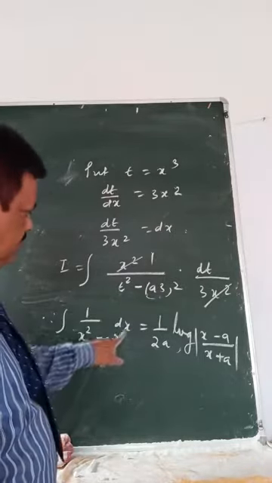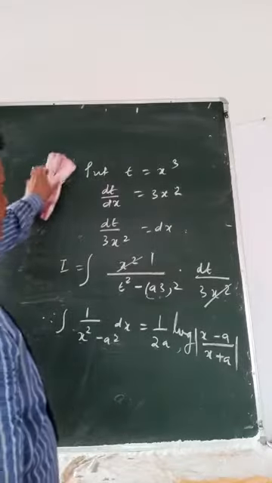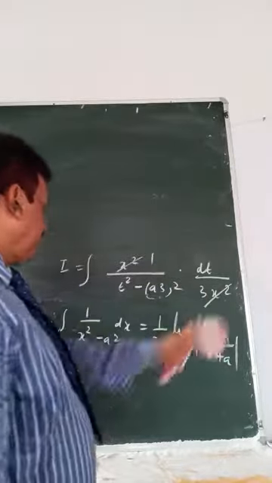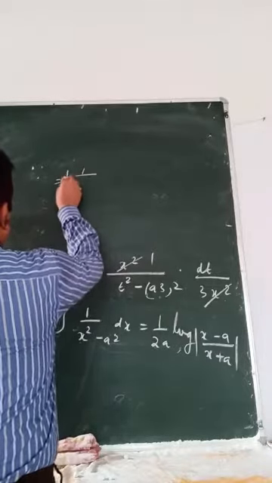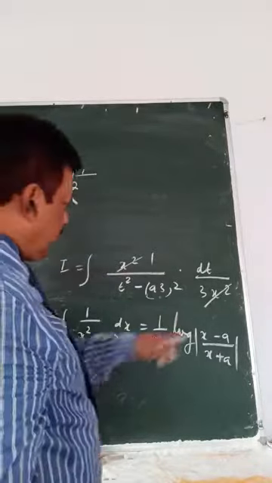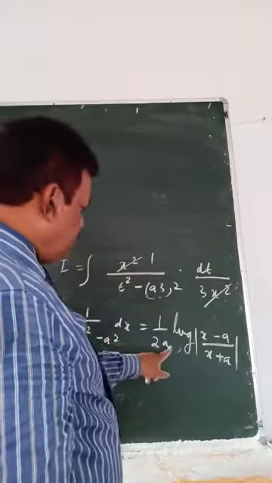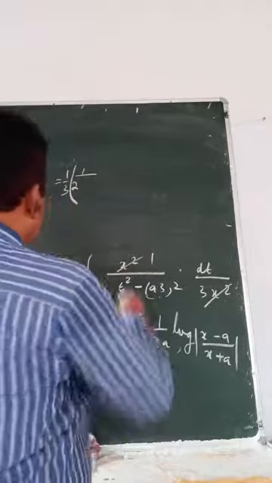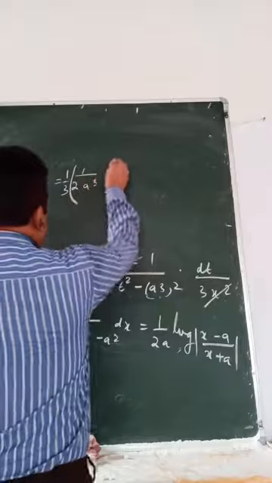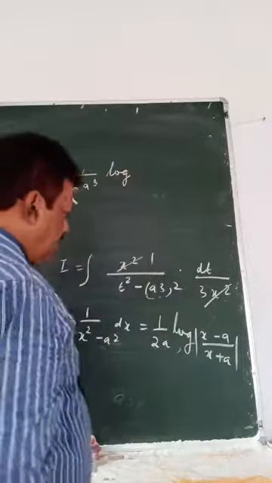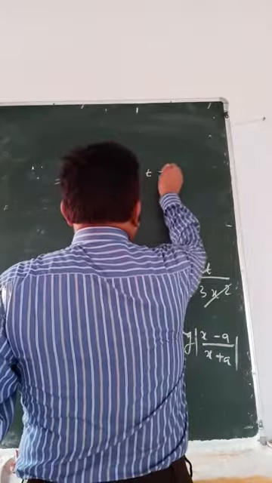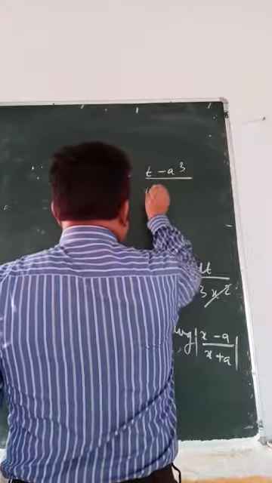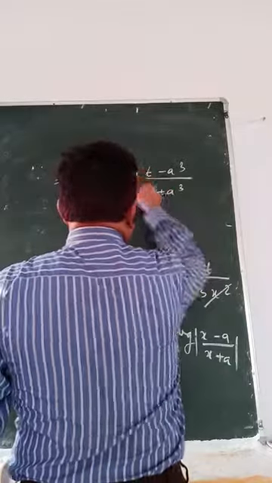So in place of a, only a cube you have to think. So that will be 1 by 3, which is already there, into 1 by 2a, and what is a here? A cube. 2a cube, log of t minus a cube by t plus a cube, plus constant.